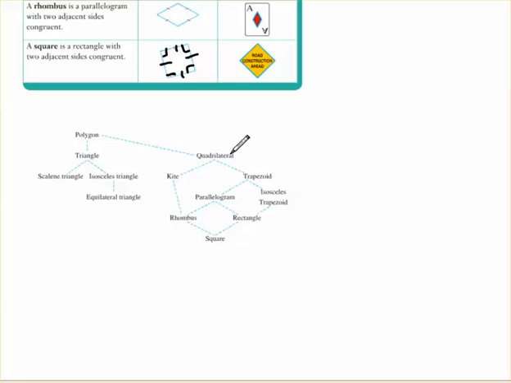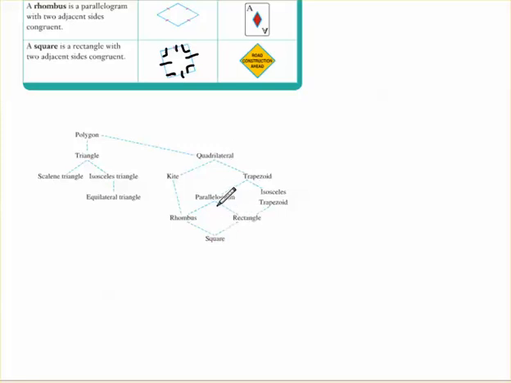And when we talk about quadrilaterals, that's our main big overreaching word that we use for all of these. And then they can be broken down even further into kites or trapezoids. Trapezoids are broken down into parallelograms and isosceles trapezoids, broken down further into rectangles, broken down further into squares.